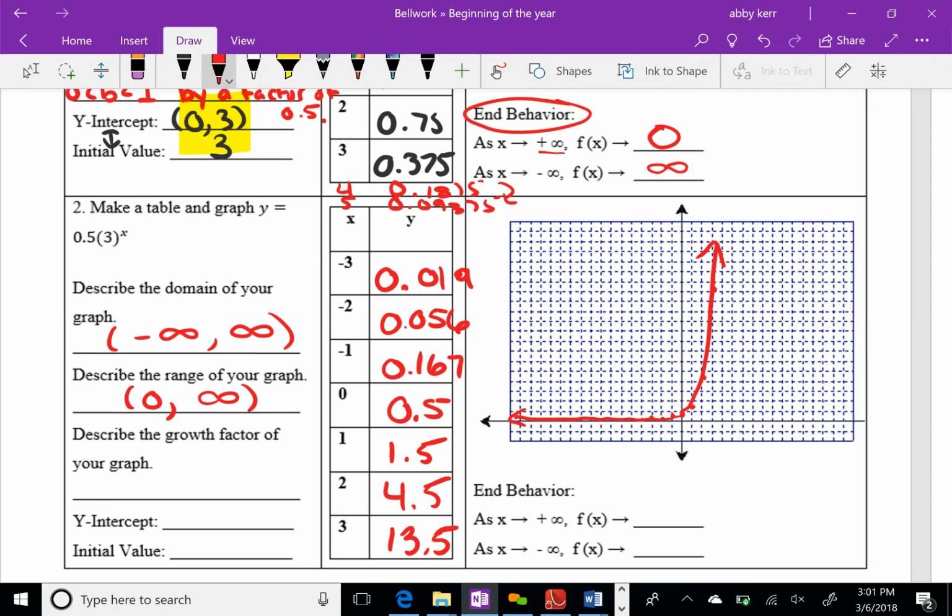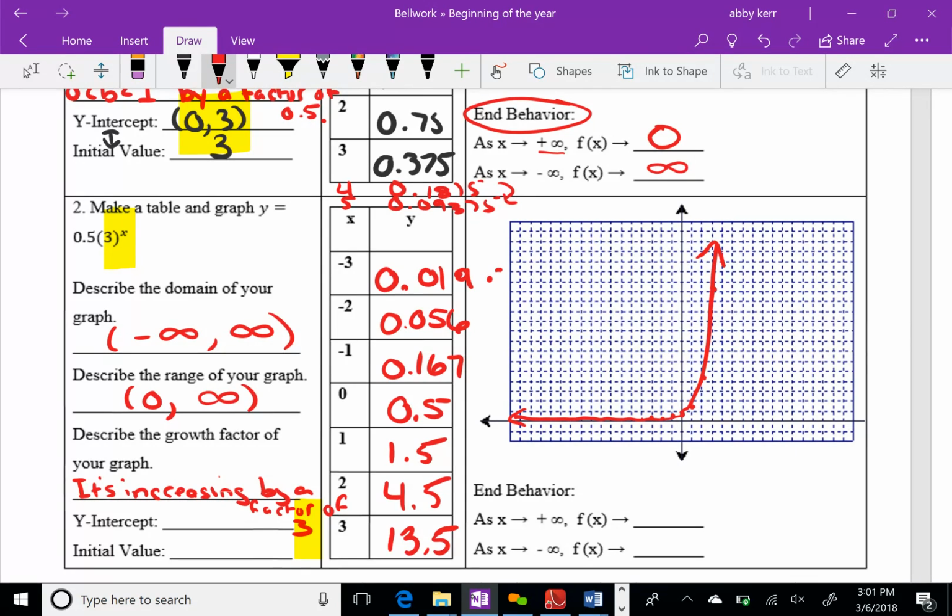Now the growth factor, the graph is increasing by a factor of 3. How do you get that information? There's a 3 here. It's the base of the x.